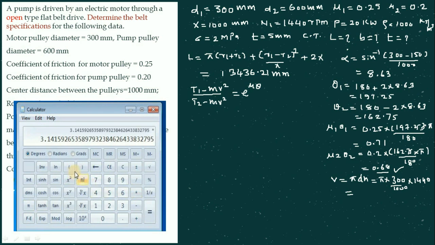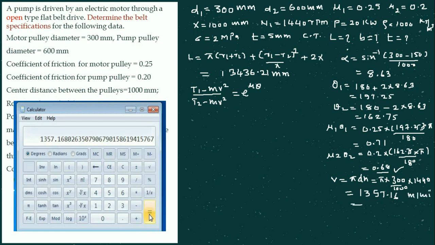That is pi into the bracket 300 divided by 1000 multiplied by 1440, which is 1357.16.